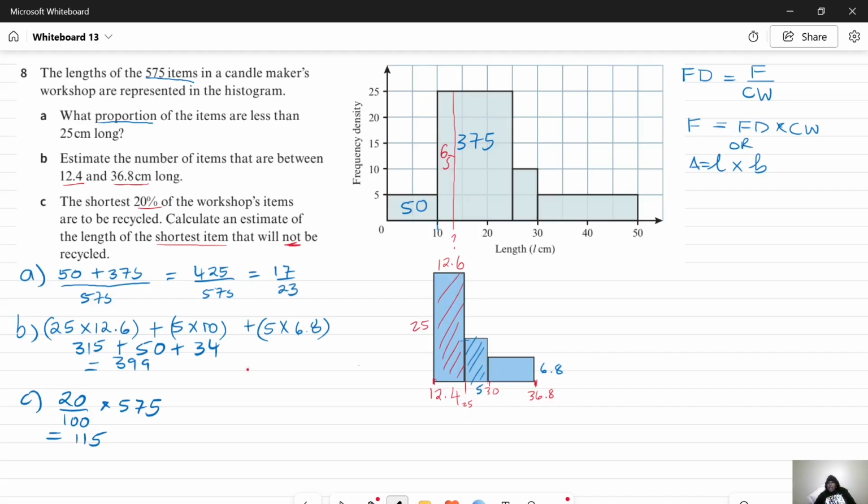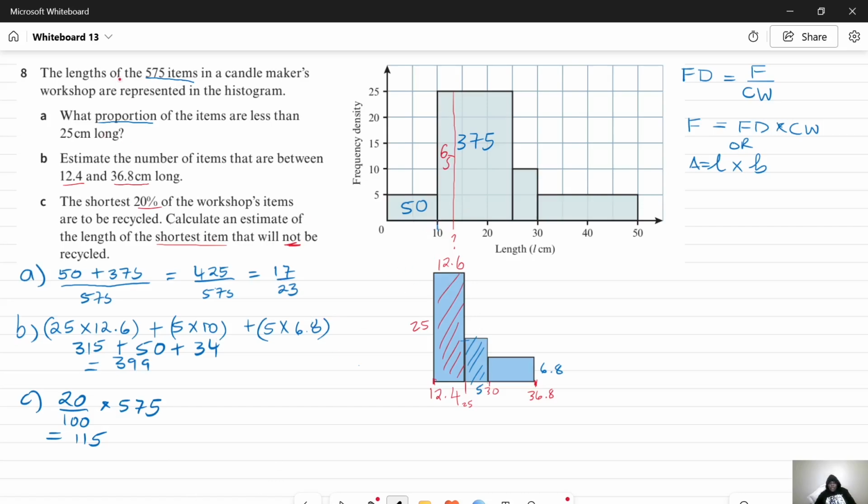Now we need to find until how many centimeters they go. So we'll have an upper bound at the 115th item. That upper bound will be our lower bound, which represents the length of our shortest item. So that is what we're going to do.